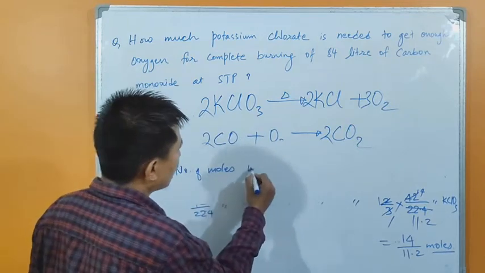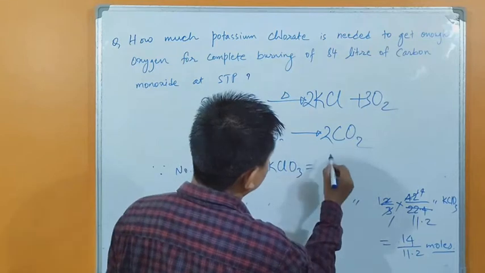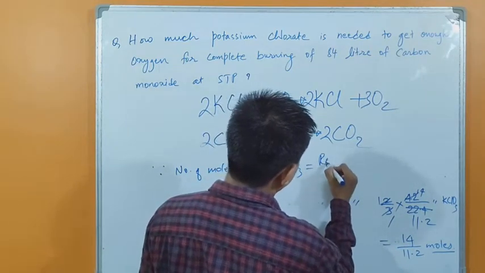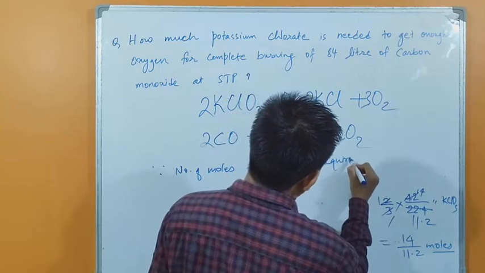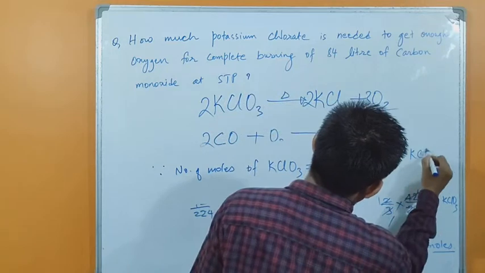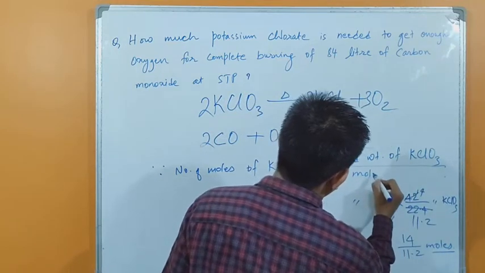Number of moles of KClO3 equal to required weight of KClO3 divided by its molecular weight, isn't it?